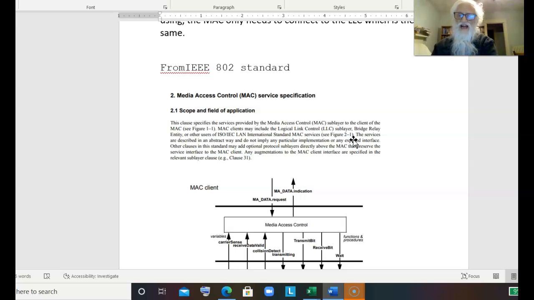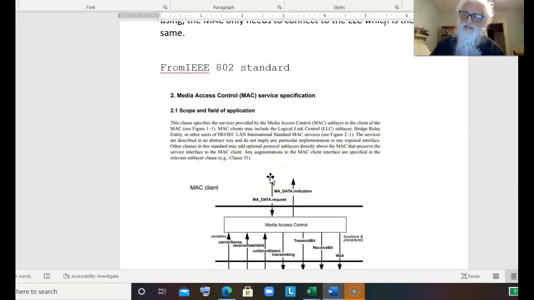The MAC client, in most cases, is the LLC. But for Ethernet, it may actually be the network layer itself. There's two connections, from the MAC client down to the MAC, and from the MAC up to the MAC client.